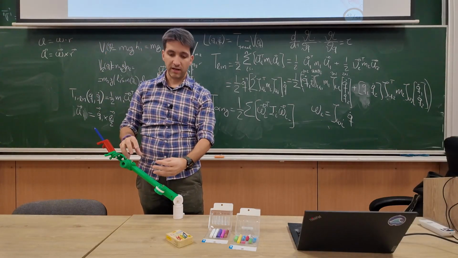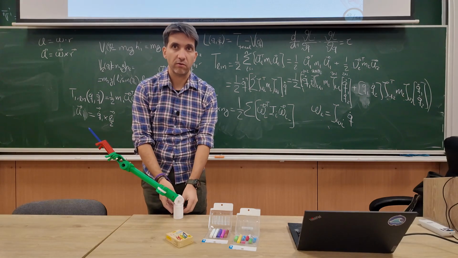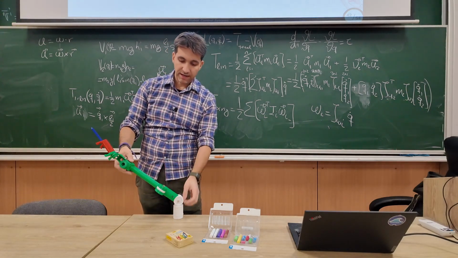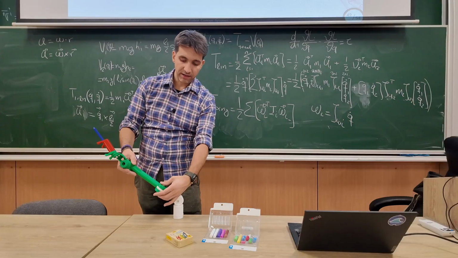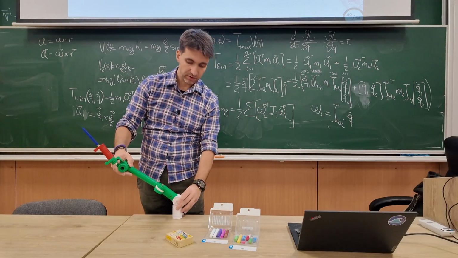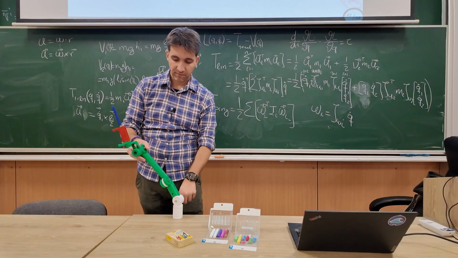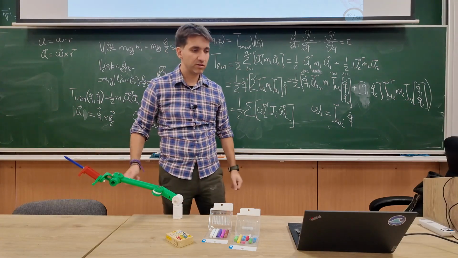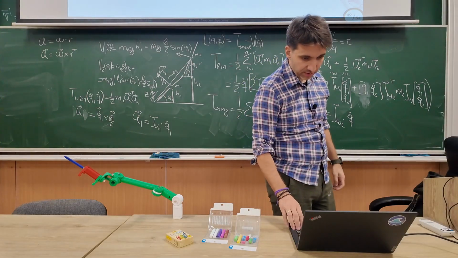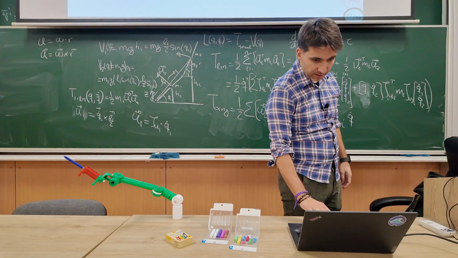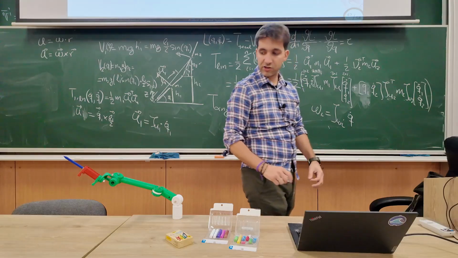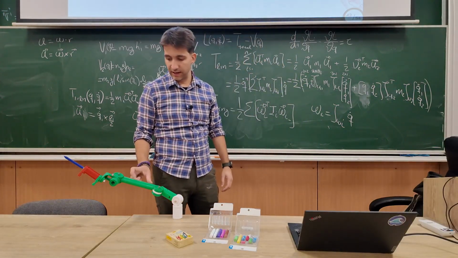We need to transform that into the reference frame of the robot, because eventually for these links we will need to calculate their kinetic energy with respect to a reference frame, the same reference frame, right? So I need to basically do a transformation where I use the orientation matrix for that link.